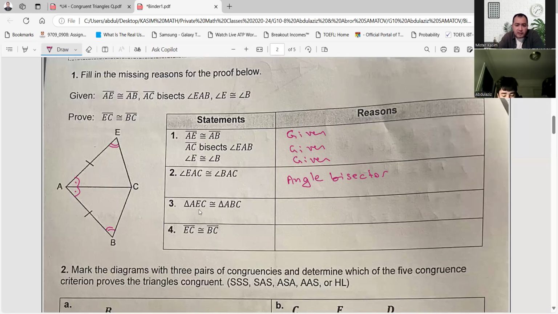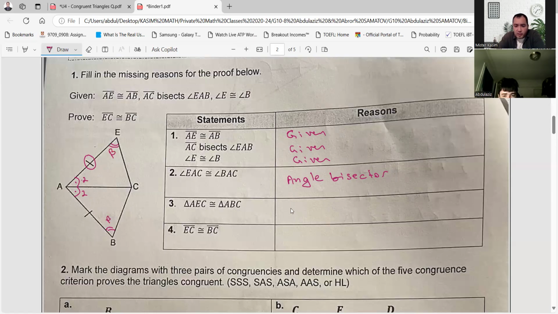And triangle AEC is congruent to triangle ABC. Why? Angle, side, angle. You see this one angle is congruent, and also this side is congruent, and also an angle, going from one side to the other, either clockwise or anti-clockwise. This angle alpha is equal, and also AE and AB are congruent, and this angle beta is also congruent.